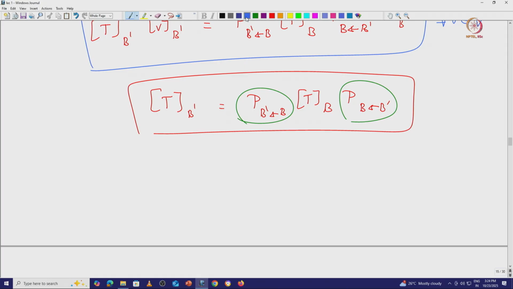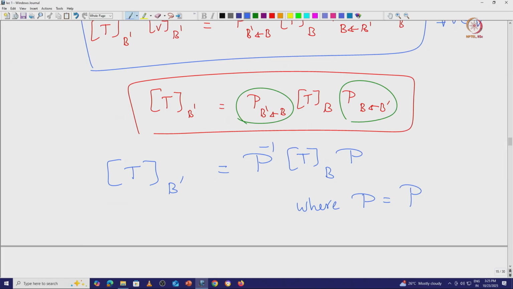So, basically the matrix of T with respect to B dash is equal to P inverse times the matrix representation of T with respect to B times P, where P is nothing but the change of basis matrix from B dash to B. Okay.